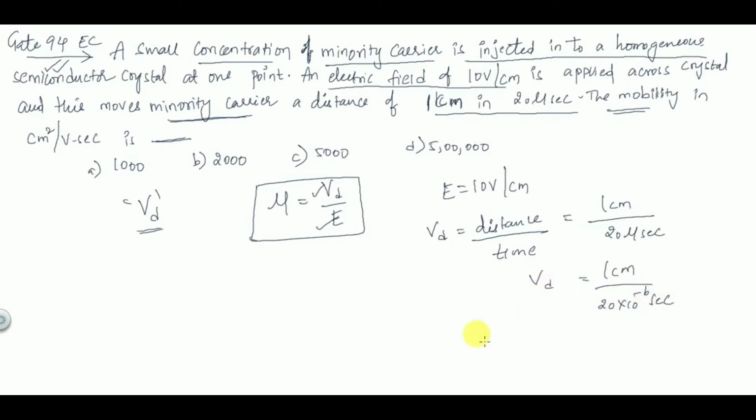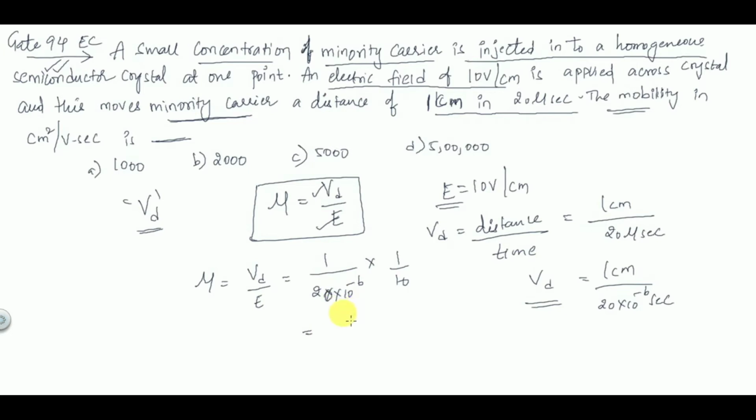Substituting, mu is equal to Vd by E, which is 1 by 20 into 10 to the power of minus 6, into 1 by 10.